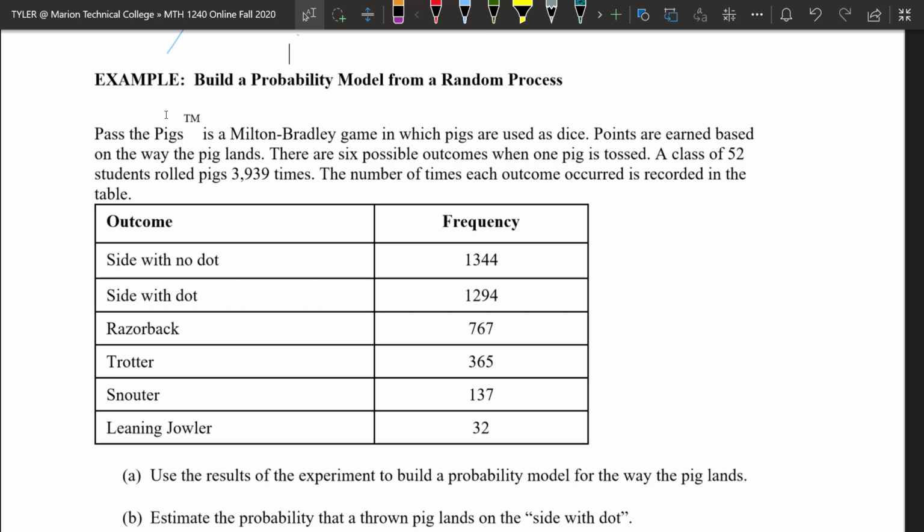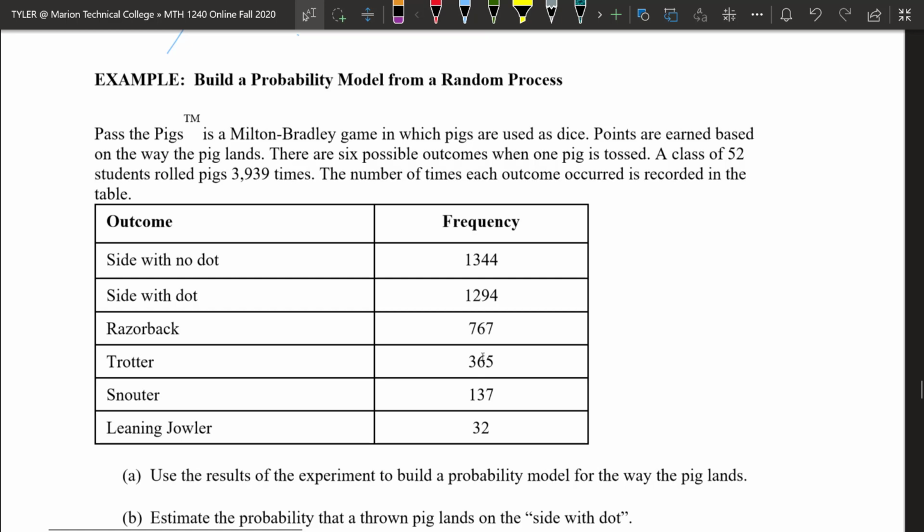The number of times each outcome occurred is recorded in the table. So we're given the frequencies and the outcomes. Part A says to use the results of the experiment to build a probability model for the way the pig lands.